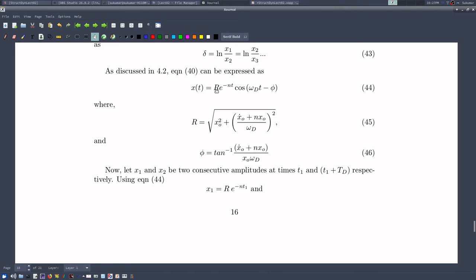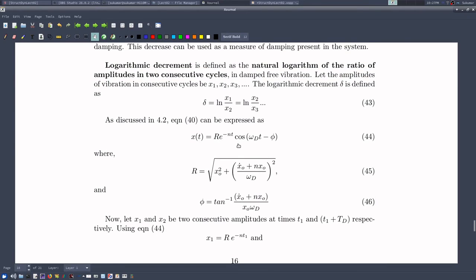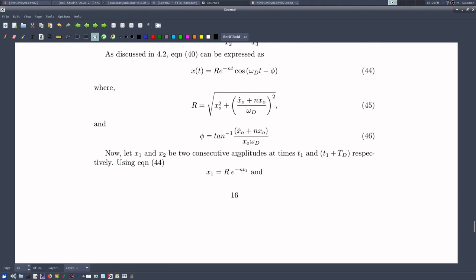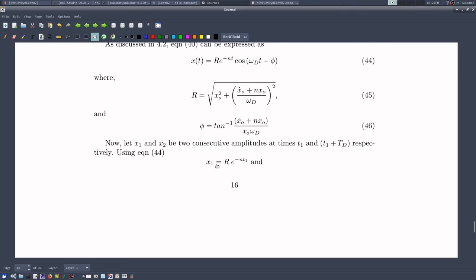R is already there, and it is just multiplied by this exponential envelope, right? And the value of r from the solution of equation of motion, we can find out, will be root over x naught square plus this quantity. All right, and therefore what I can write is now x1: suppose at time t1 the amplitude is x1 and at time t2 amplitude is x2.